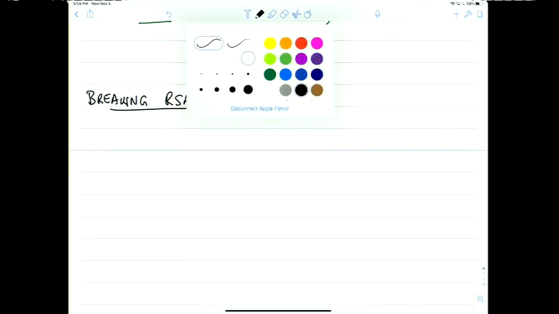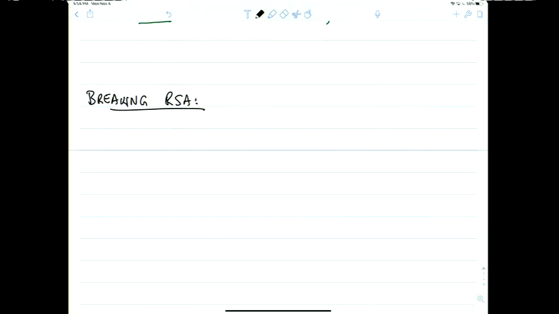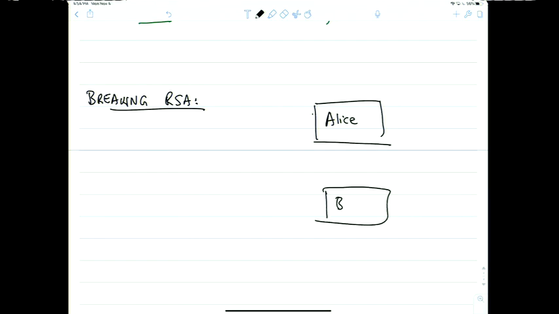So what is RSA? Let me just say, so you have Alice and Bob, right? It's a public key encryption, right? Alice releases a public key. A public key encryption is where anybody can send a message to Alice because she released a public key, but only Alice can read the messages that she receives.